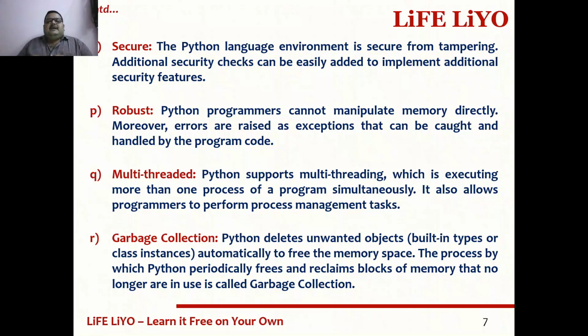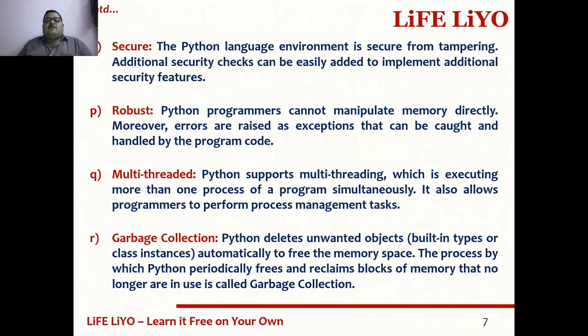Garbage collection. The most important feature of Python is garbage collection. What does garbage collection mean? It means Python deletes unwanted objects automatically. Why does it delete the unwanted objects automatically? Because whenever the memory is occupied by unwanted objects, then when memory is needed, there is no space for allocation.